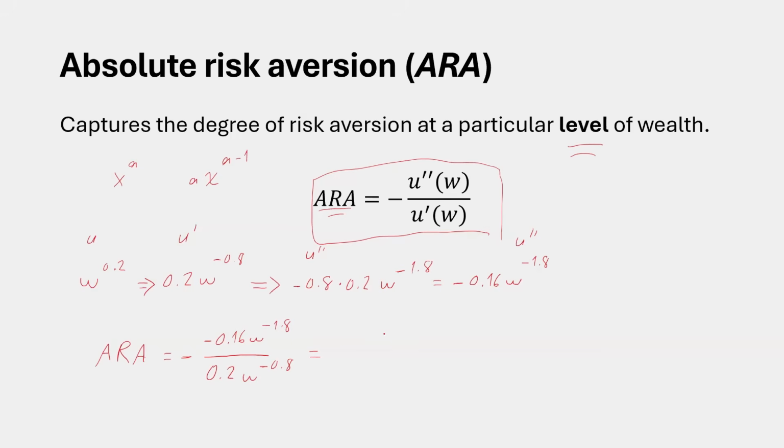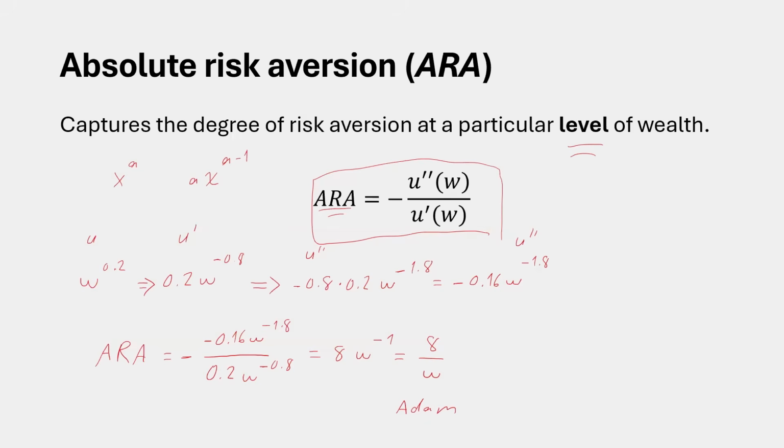So this disappears. If you divide 0.16 by 0.2, this is essentially 0.8. Okay. And now this I can move to the numerator. So it will become plus 0.8. So plus 0.8 minus 1.8 makes minus 1. Okay. So absolute risk aversion for Adam is 0.8 divided by W, where W is the wealth.